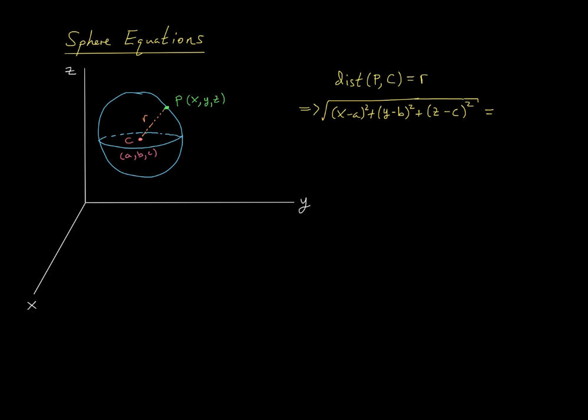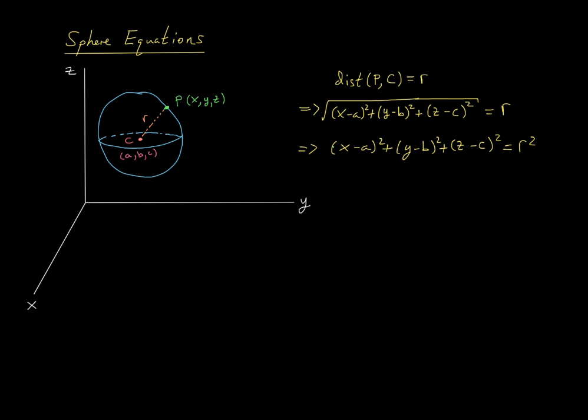Okay, and then again, that distance here on the left has to just always come out to be whatever the radius of the sphere is. Okay, so finally I'll go ahead and just square both sides, and so we're going to just get the sum of these squares on the left, and then on the right, we're going to wind up with just the square of the radius, okay?